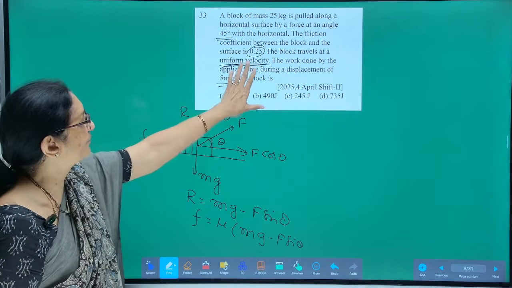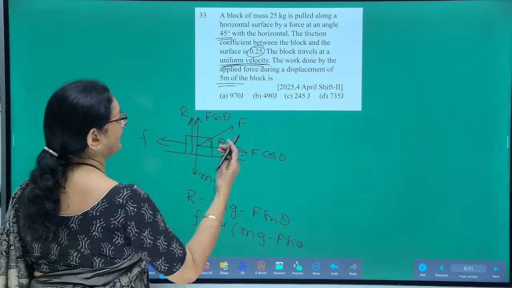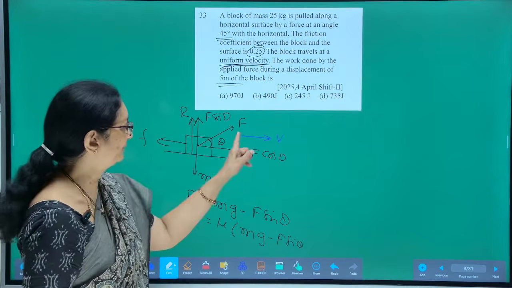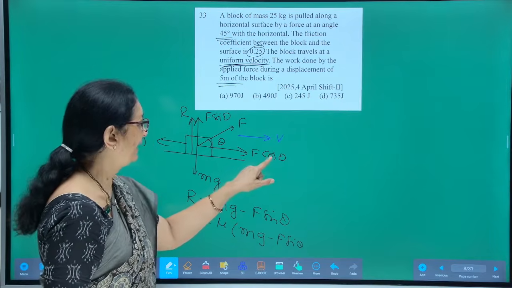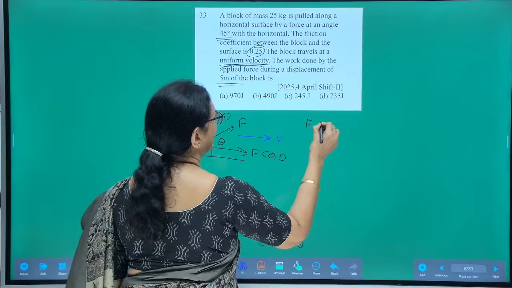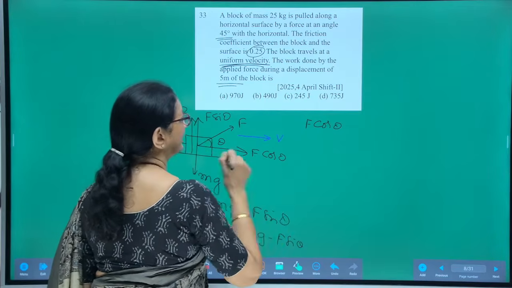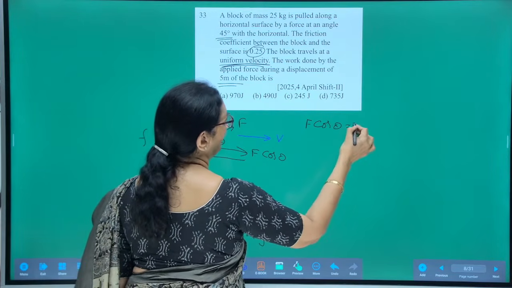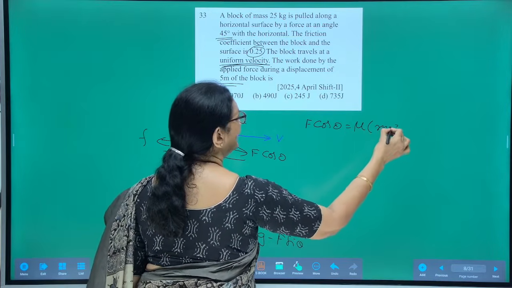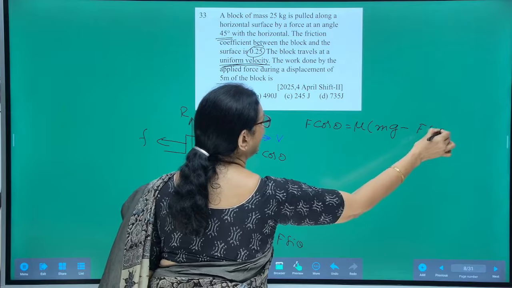So, that block moves on the horizontal surface with uniform velocity. If this velocity is uniform, F cos theta is just balancing the friction. This implies the net force is equal to 0, or F cos theta is balancing friction, that is mu of (mg minus F sin theta).